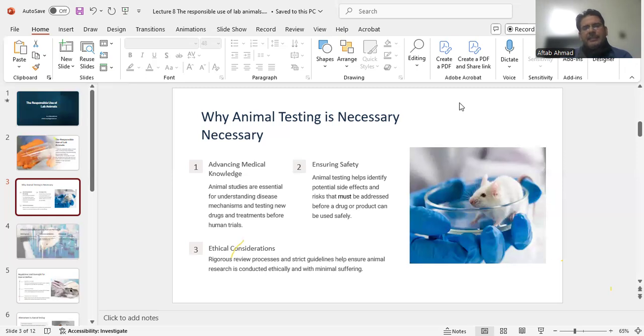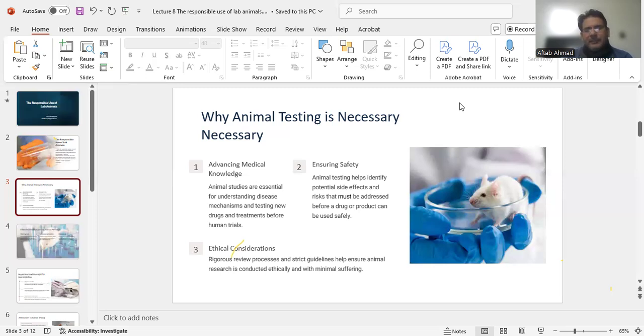And then there is ethical consideration. A rigorous review process and strict guidelines help ensure animal research is conducted ethically and with minimal suffering. Now there is a lot of focus on ethical consideration. Whatever study you have planned on animals goes through the ethical review board, and they approve those studies and then we perform them.